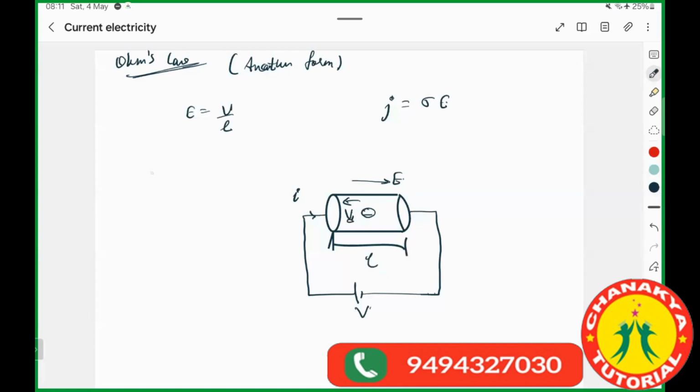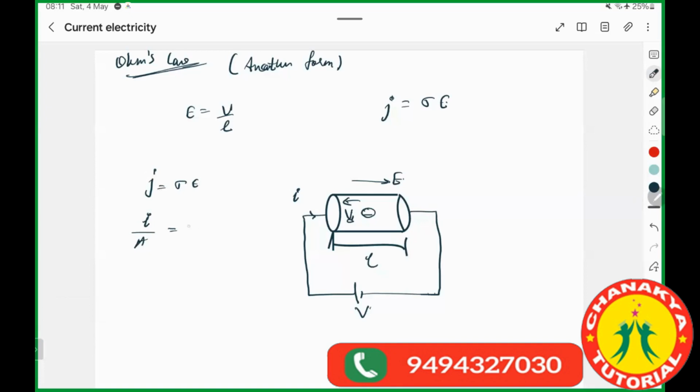So J equals sigma E. J equals I by A equals sigma E.